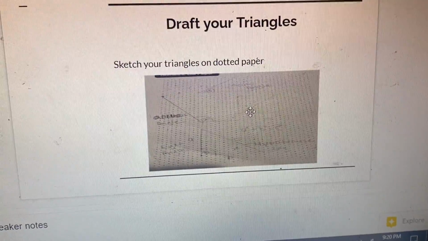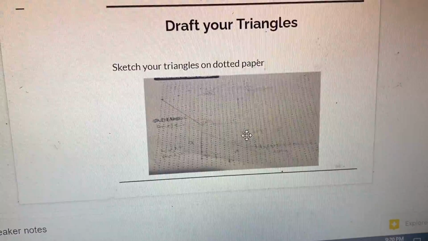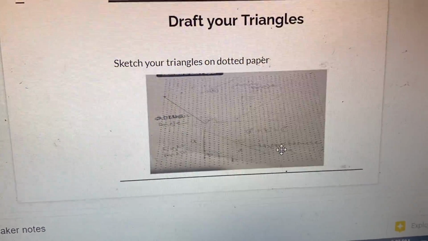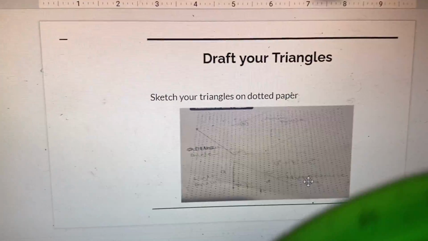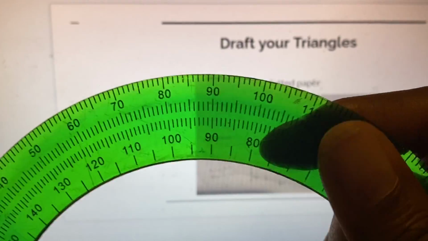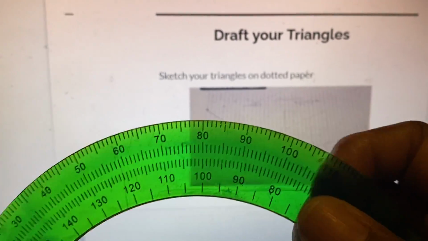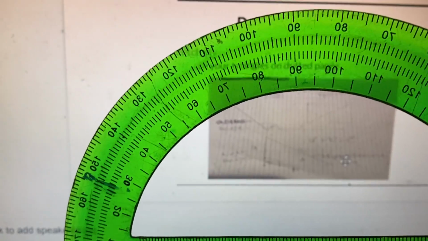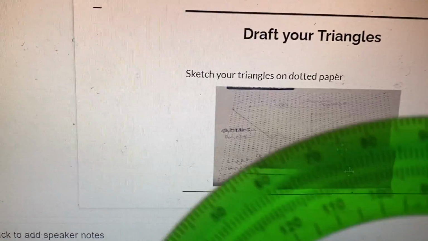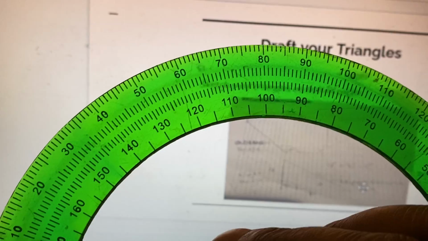You do have dotted paper in your folder, and you will be able to follow the same skill of how I drafted them out. And remember, you are going to use your protractor. If one side of your protractor is rough and one side is smooth, the side that is smooth is the correct side.